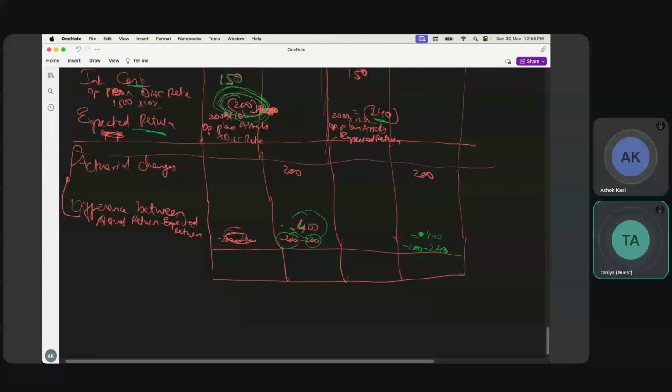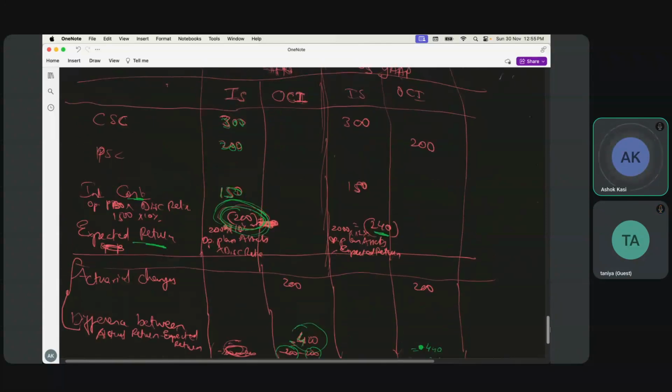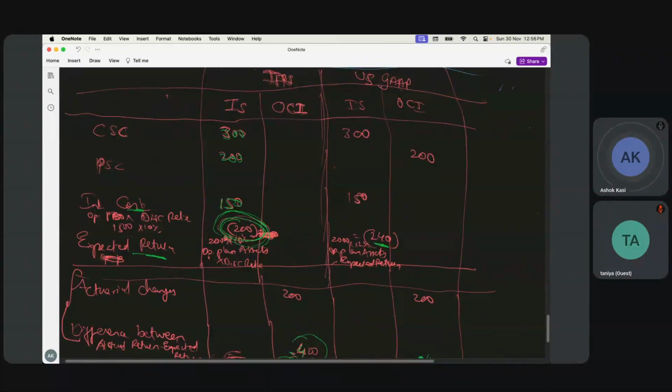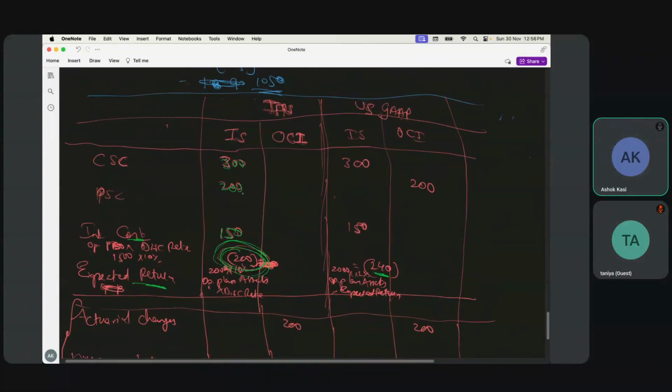Is it okay, sir? Yes, sir. Now you add up all these income statement items: 300 plus 200 plus 150 minus 200. If they ask only the income statement, you have to add only this much.